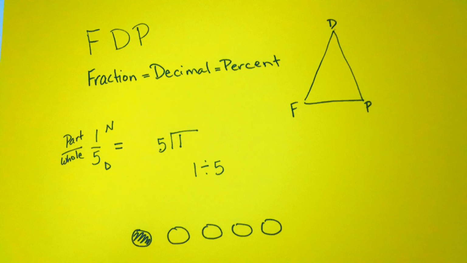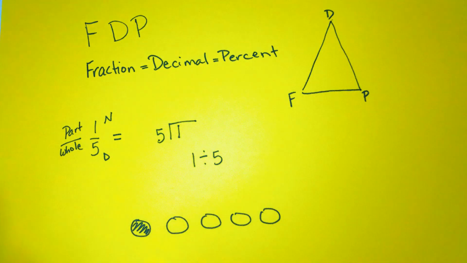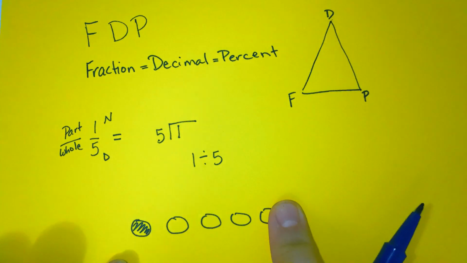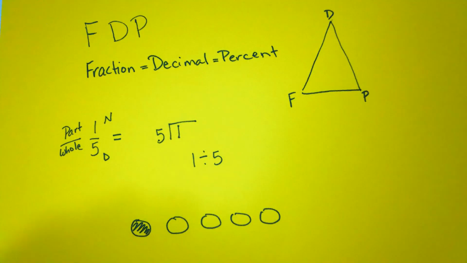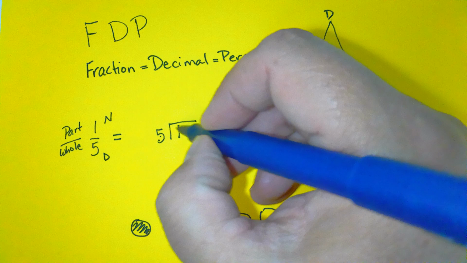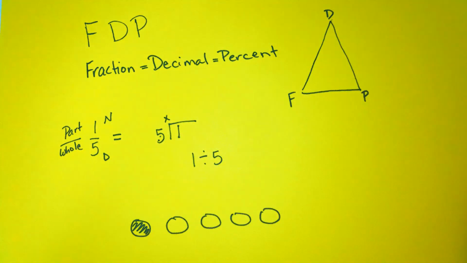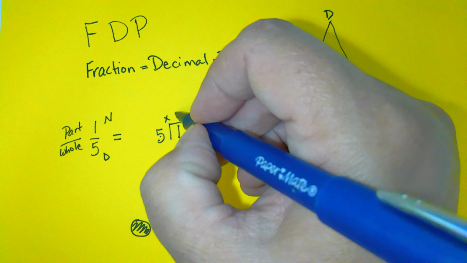Now what does that mean? Well, that means that I'm looking for what's equivalent to this piece right here out of the entire set. So then how many times will 5 go into 1? 5 times what is 1? Well, there's nothing. So then that would be a 0.